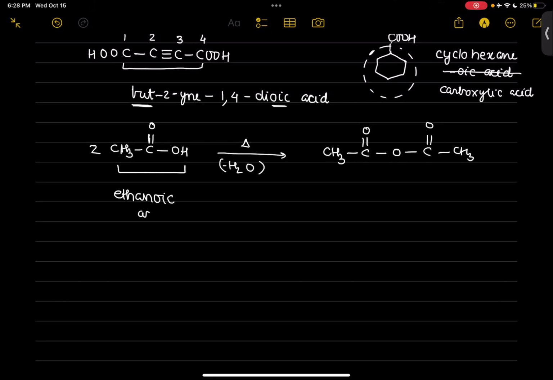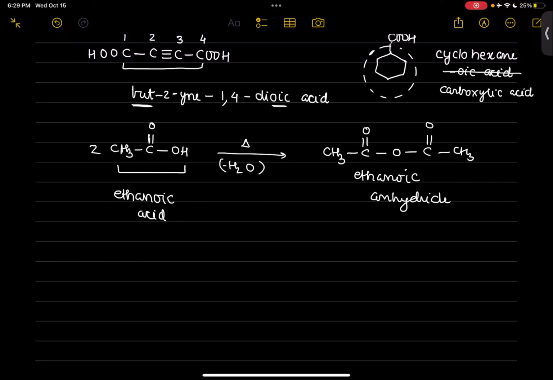Clear? So this is anhydride of ethanoic acid and it is called ethanoic anhydride. Got it? Clear? Yes, sir.